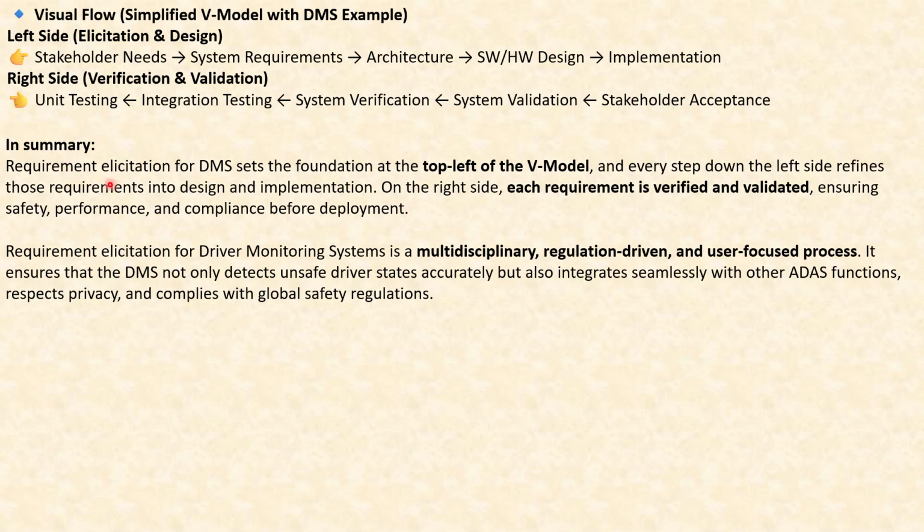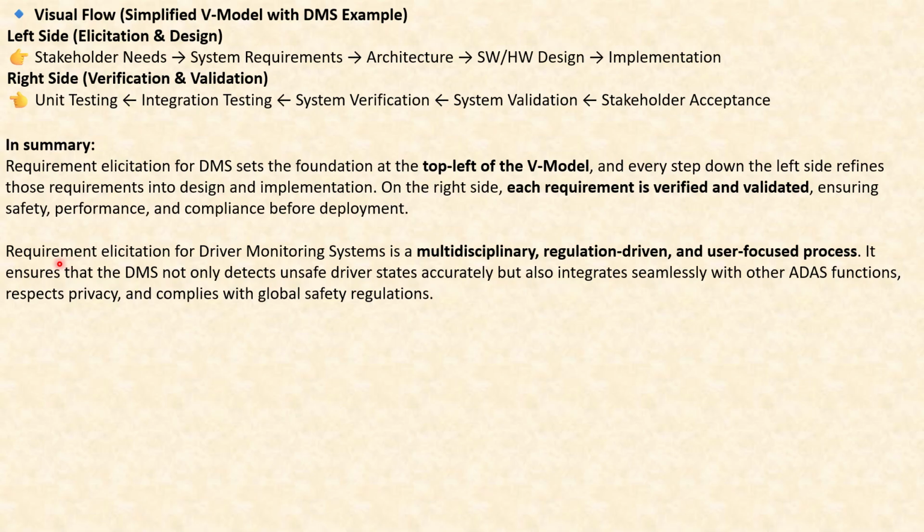Now, in summary, requirement elicitation for DMS sets the foundation at the top left of the V model, and every step down the left side refines those requirements into design and implementation. On the right side, each requirement is verified and validated, ensuring safety, performance, and compliance before deployment.